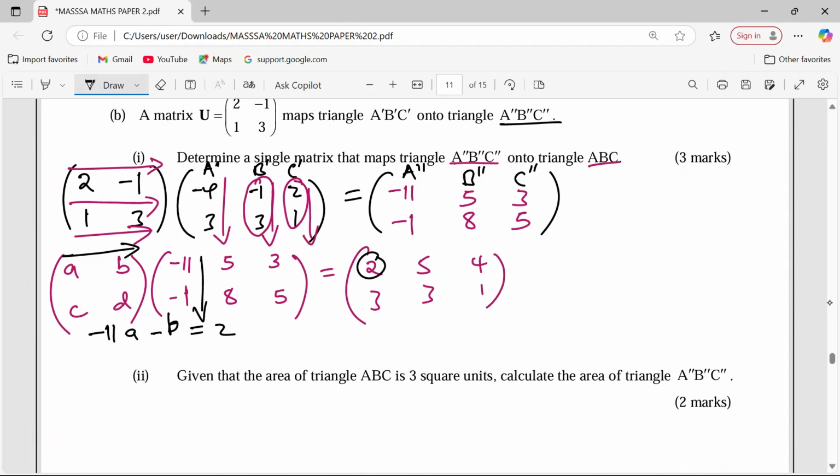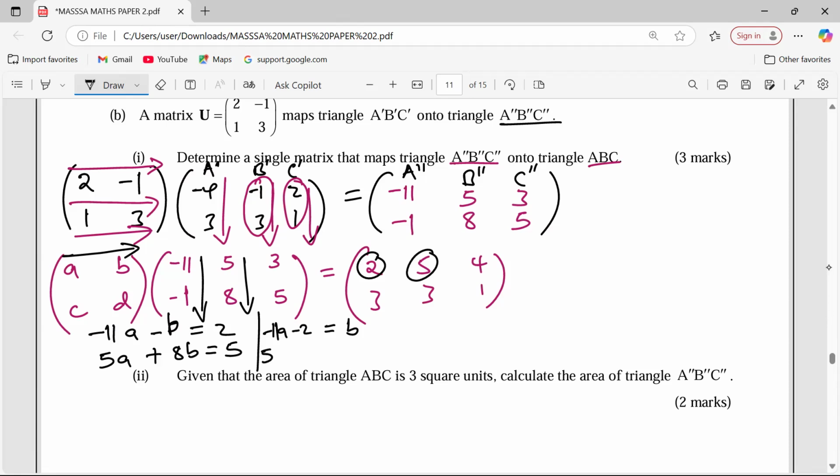Then again, we can use the same row with the next column to give us 5. So 5a plus 8b, this one is giving us 5. So that is a pair of simultaneous equations, whereby we can say from the first one, the value of b, because I'm taking it to the right to be positive, equals negative 11a minus 2.